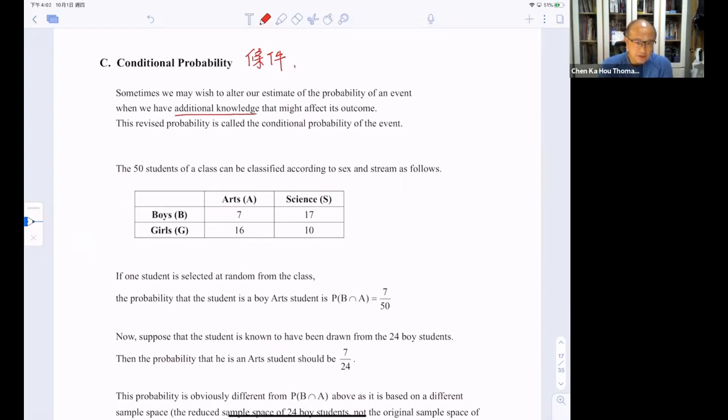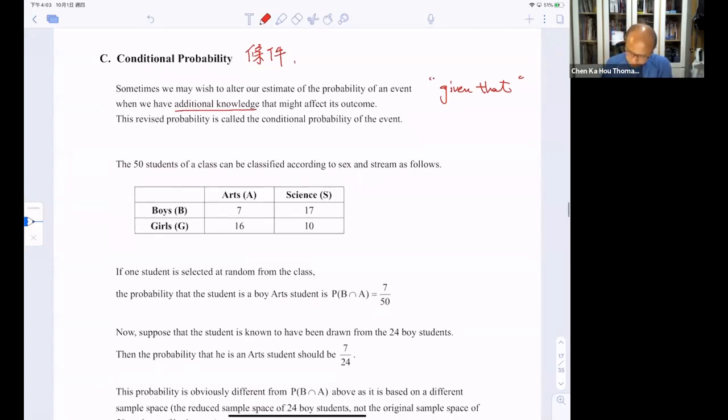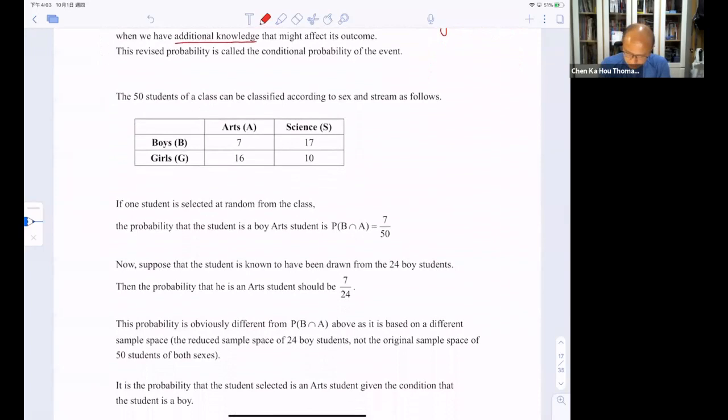Maybe you heard it before: given that. Okay, given that you know something, what is the probability of a certain event? Let us look at this example.